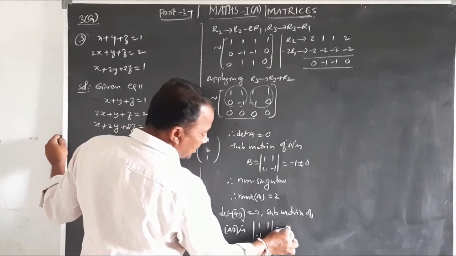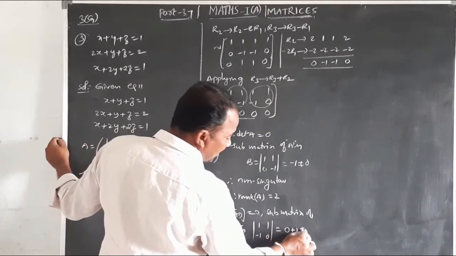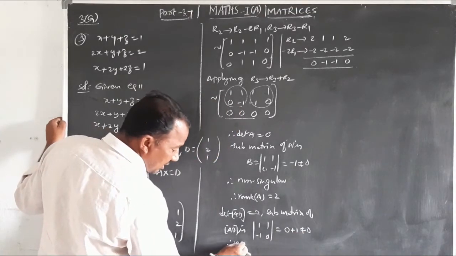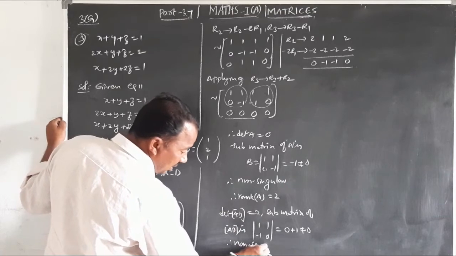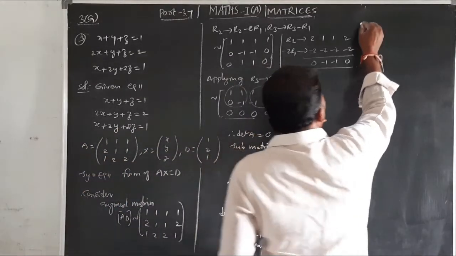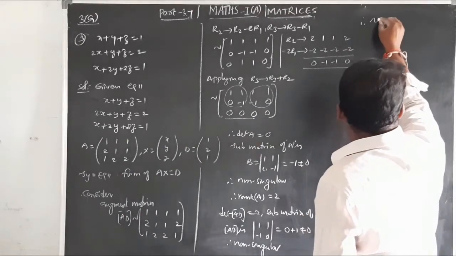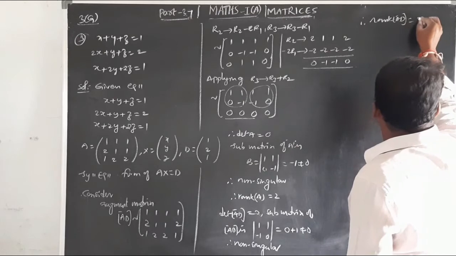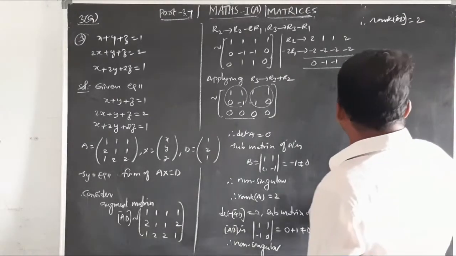Its determinant is minus 1, not equal to 0. The 2 by 2 is non-singular, which means the rank of AD equals 2.